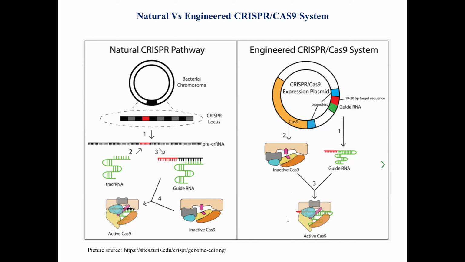Now this complex has to enter the nucleus because that is where the DNA is found, right? So you will have a nuclear localization signal, NLS, a small peptide attached to the Cas9, because Cas9 is a bacterial protein. If it has to go inside the eukaryotic nucleus, it needs a sequence, like a permit.